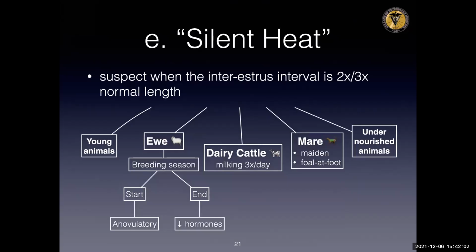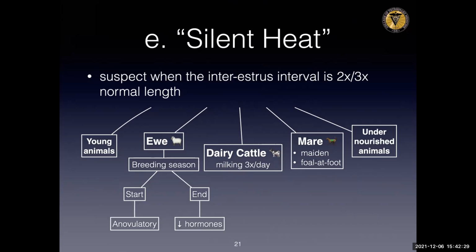Lastly, on the silent heat: if you're missing the heats, because they really go into heat every 21 days, that's why it's easy to know when they're going to come into heat again. And if it's the 21 days, either you did not do the heat monitoring properly, that's why you missed it, or it's really not going to heat.